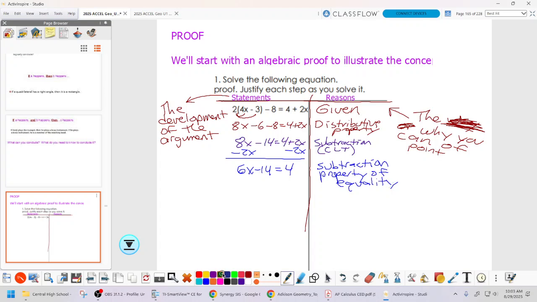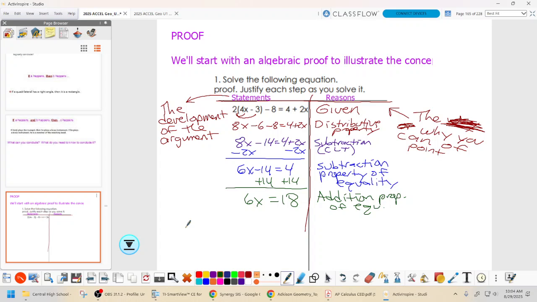Now what would you do? Add 14 to both sides. And what do you suppose that reason is? Addition property of equality. Yeah, let's abbreviate prop of equal. Okay? Yes, we're going to abbreviate a lot because he wants to write all these words out.